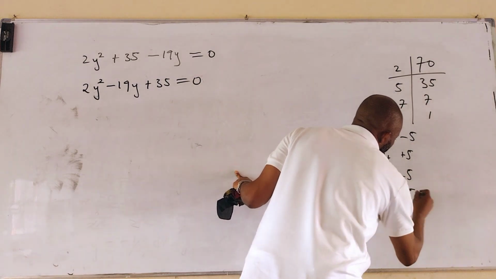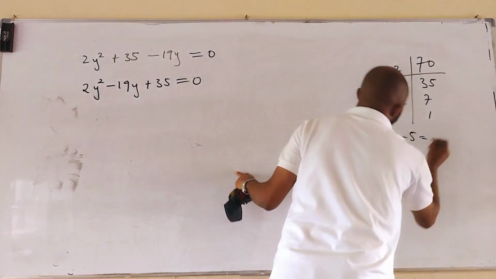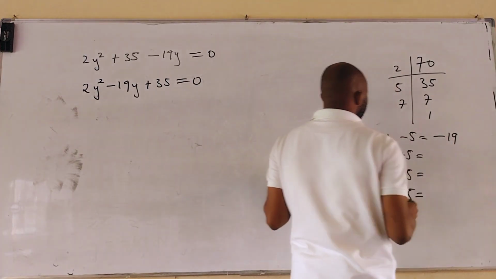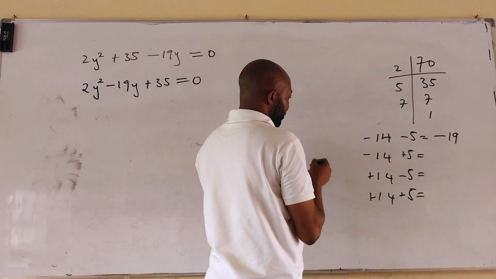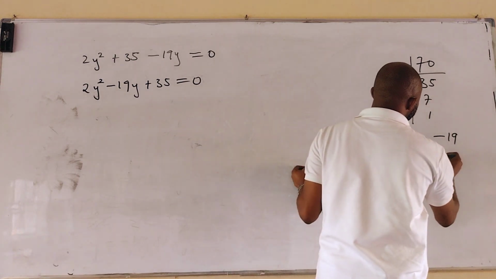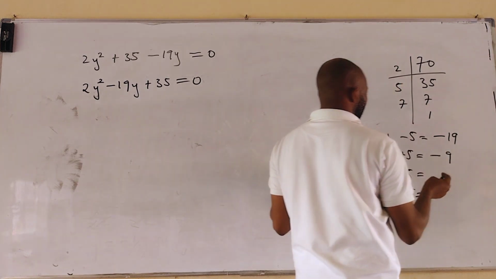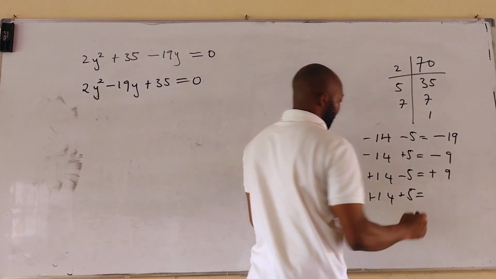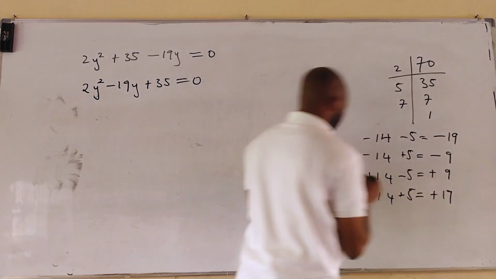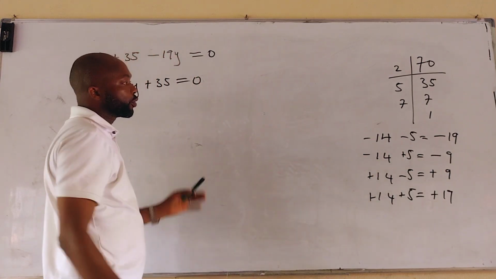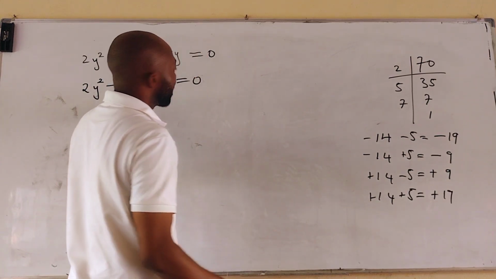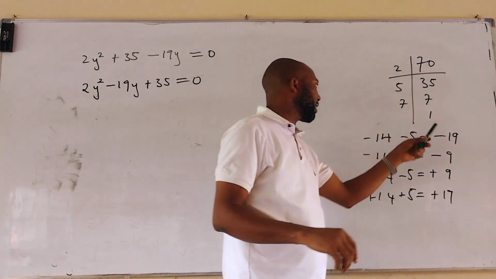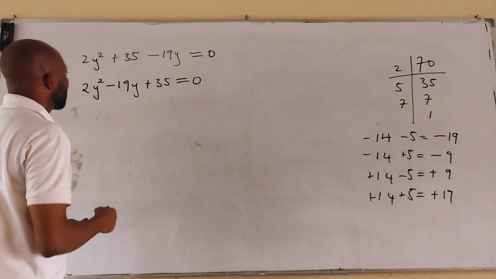Minus 14 minus 5 is minus 19. We're looking for two numbers that when we add, we have minus 19. When we multiply them, we have 70 plus. So minus times minus is plus. 14 times 5 is 70. So let's make use of this one.